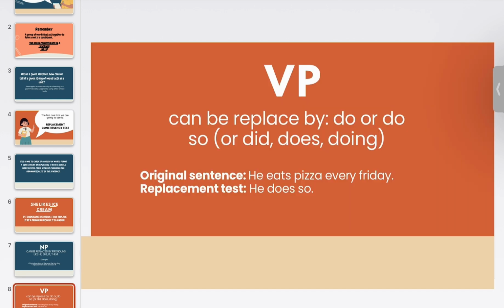Now the VP, the verb phrase. Remember, what is a verb phrase? Everything that goes with the verb and after, till the end of the sentence. A verb phrase can be replaced by the auxiliary do or do so, depending on the tense of the sentence.